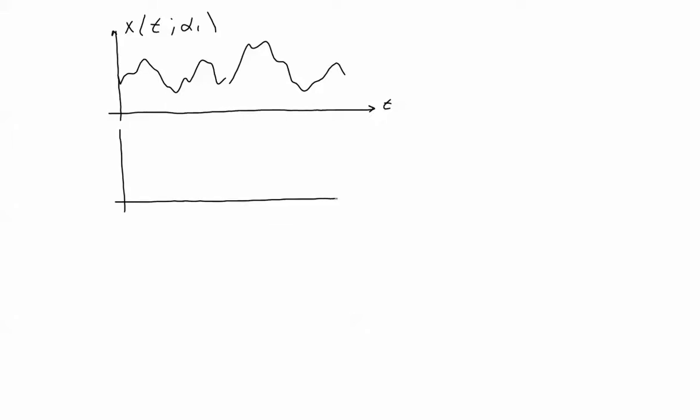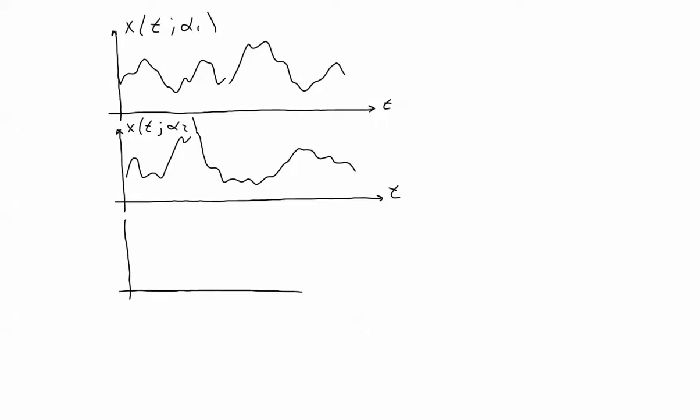And we look at it on another day, and this is x of t, alpha 2, second day, and this is a third one.